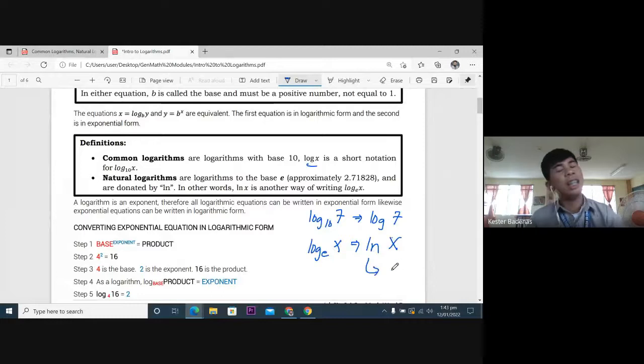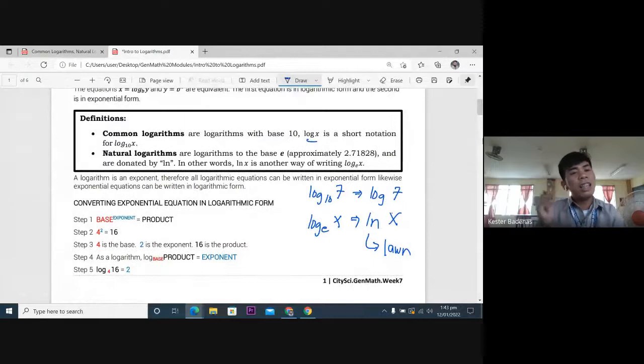As mathematics students, we read this as ln, like lon. Yung pronunciation lang. So, therefore, if it's logarithm of x to the base e, it can be written as ln of x.